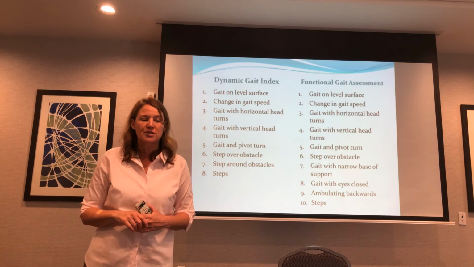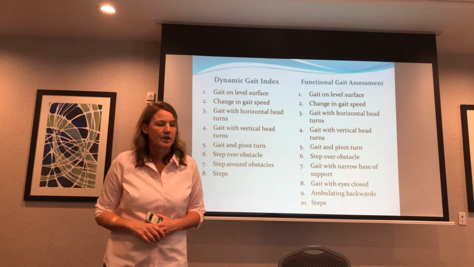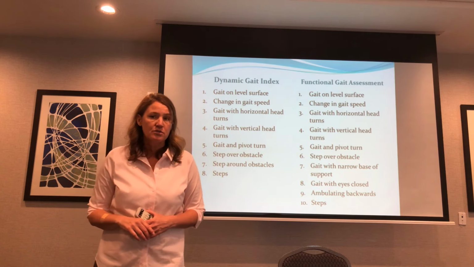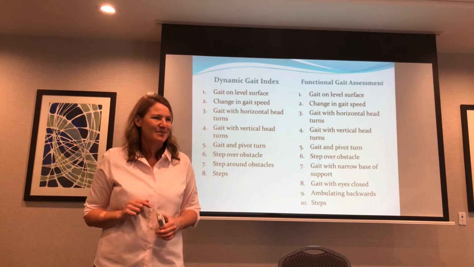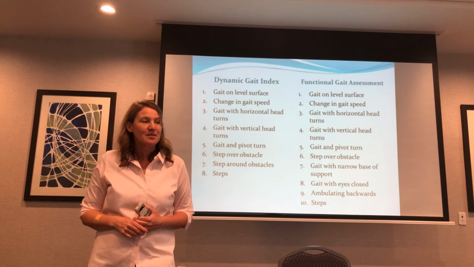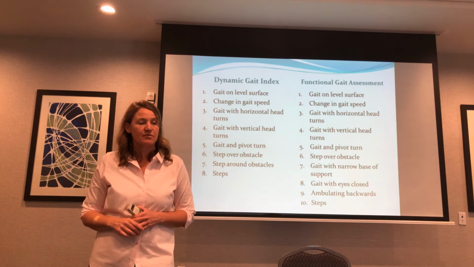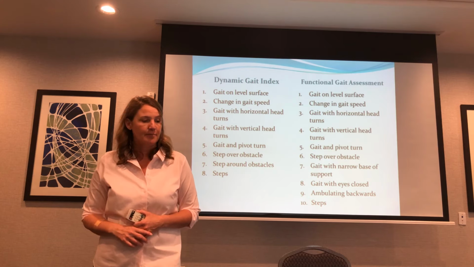But this one has you do a tandem gait, so heel-toe gait, narrow base of support. It has you walk with eyes closed, which can be so eye-opening. Is that a turn of events or whatever? Little oxymoron. Having them walk with their eyes closed is very useful. A lot of times it will reveal something you didn't see coming.